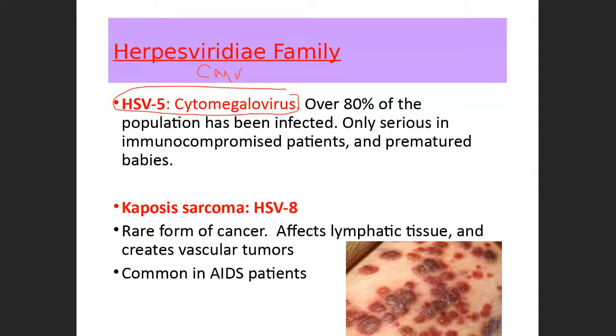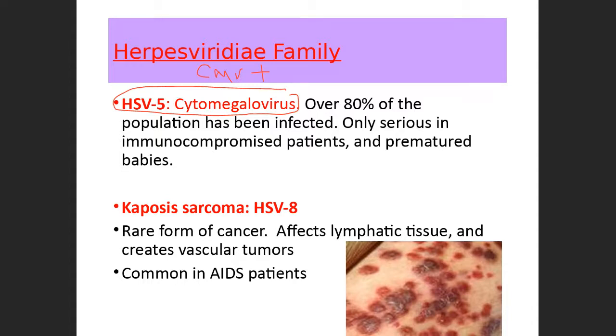Once we had them, that's when we began to find out about these viruses that we didn't know about, because we all had them, but they were hidden and our immune system took care of them. So pretty much everybody's CMV positive. Premature babies were another population that would get these viruses. Immunocompromised patients get infections with CMV.